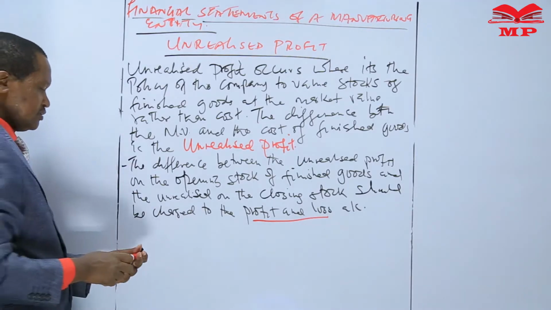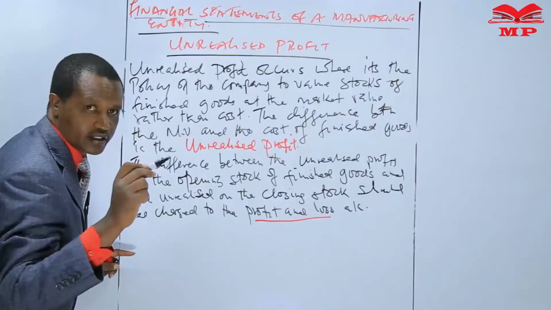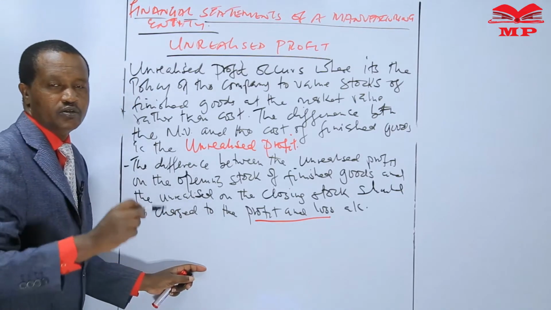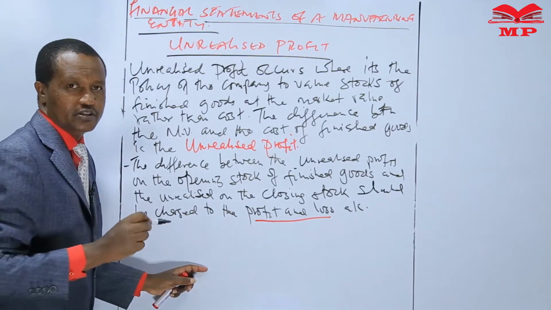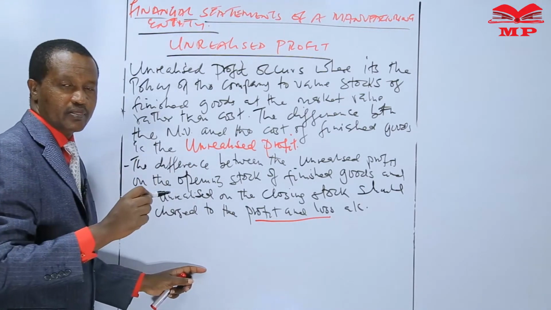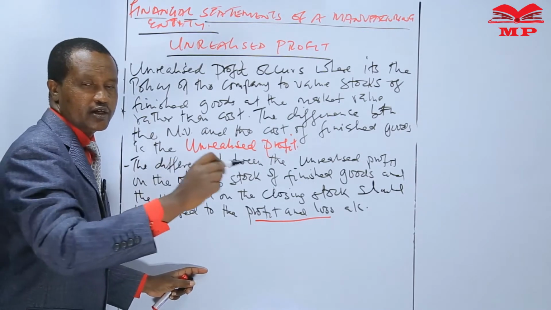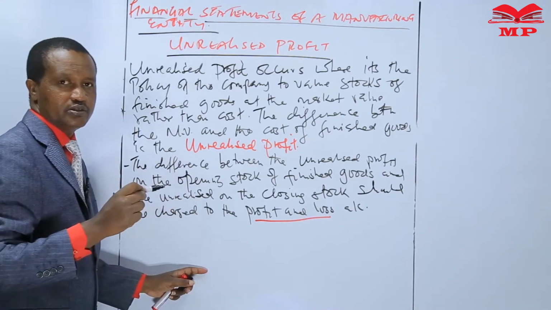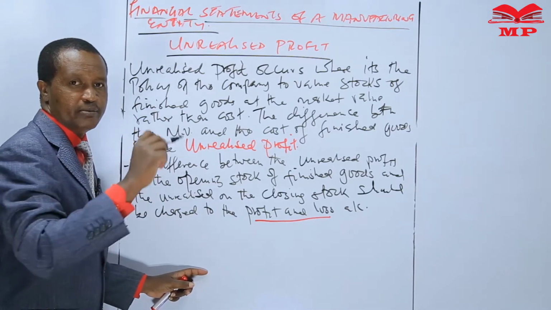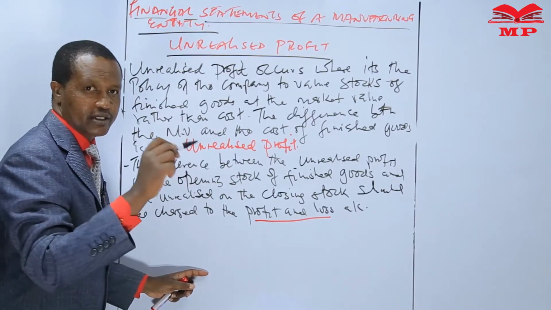That is one treatment. Then another point, the provision on the unrealized profit on the closing stock at the end of the accounting period should be subtracted from the market value of finished goods at the end of the period in the balance sheet.